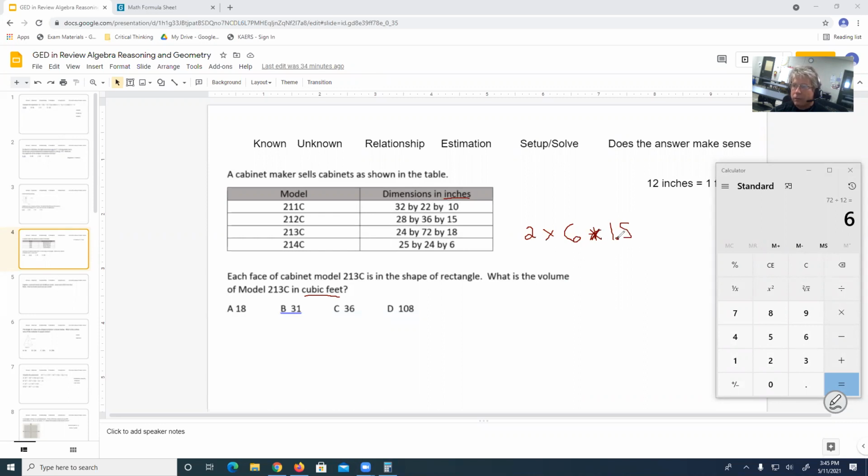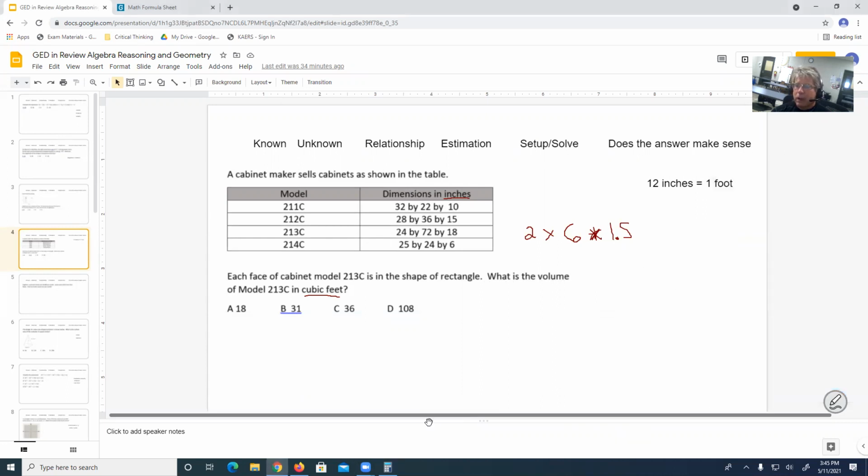If you weren't sure about the 18 inches, you could also just divide 18 by 12, and that would give you 1.5 feet as well. So if you're unsure where I got that, just divide the 18 by the 12, and that would also give you the 1.5.